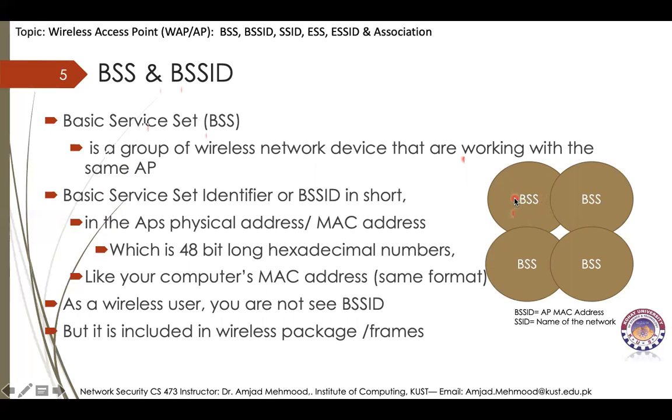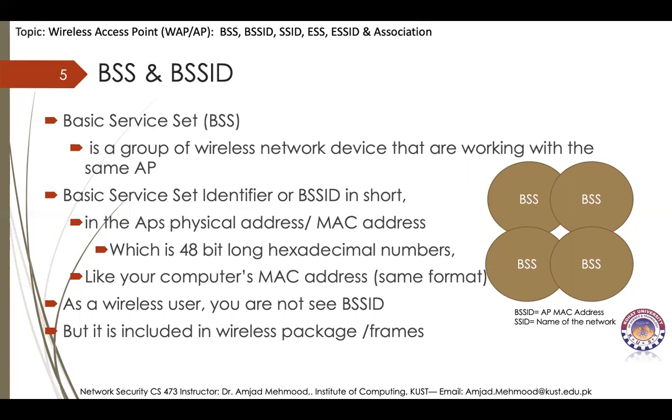And in one service set we normally have one AP. So the basic service set identifier, or BSSID in short. Definitely you need an identifier for the identification of one access point.